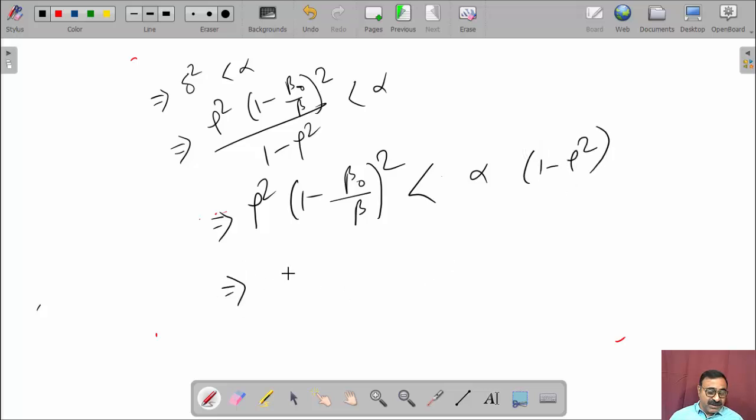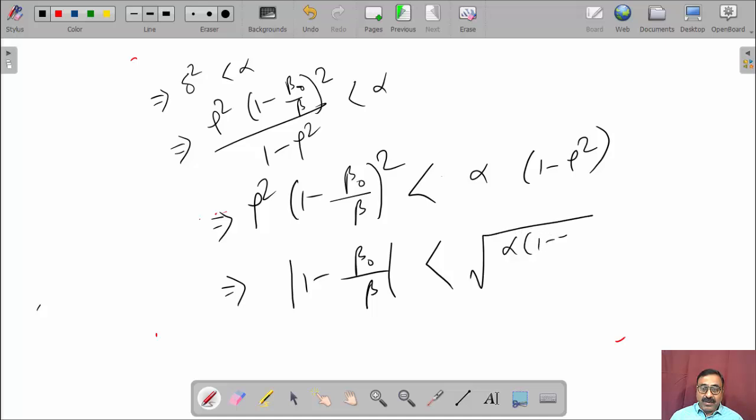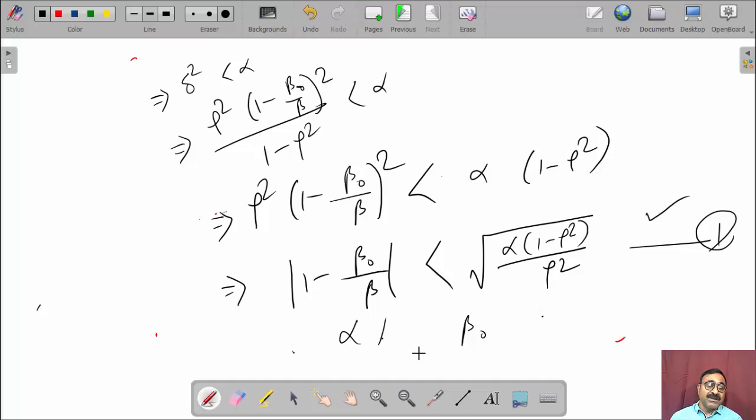That implies |1 − β0 by β| less than root over of α(1 − ρ²) by ρ². This we are writing as equation 1. So now we want to achieve that the relative increase in the variance should be less than α%. Then we have to choose β0 such that equation 1 will be satisfied.